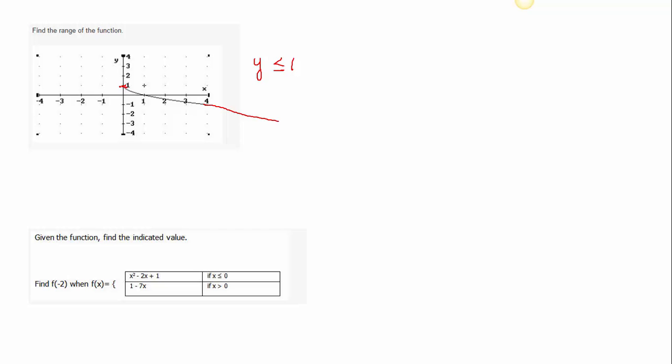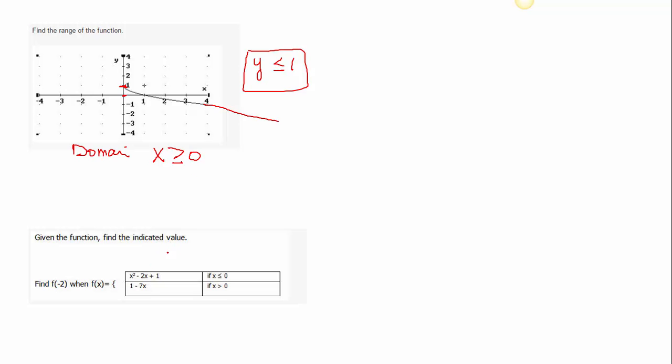So the maximum value of y is 1, and the minimum value is all the way down to negative infinity. What if the question was the domain? The domain, as you see, starts at 0 and goes all the way to plus infinity. So the domain would be x greater than or equal to 0.